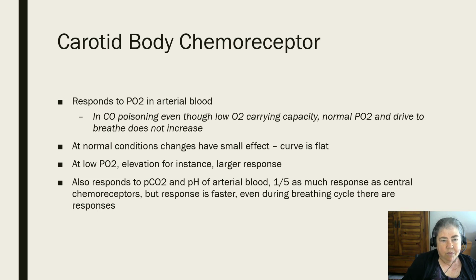A clinical point here is that in carbon monoxide poisoning, where the oxygen on hemoglobin molecules has been displaced, there is still a normal partial pressure of oxygen, and we don't get a signal from these chemoreceptors to increase breathing because they're not detecting the low oxygen carrying capacity of the blood, just the partial pressure of oxygen, which is normal.